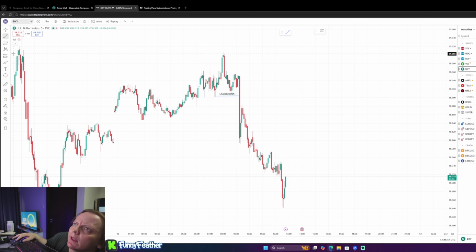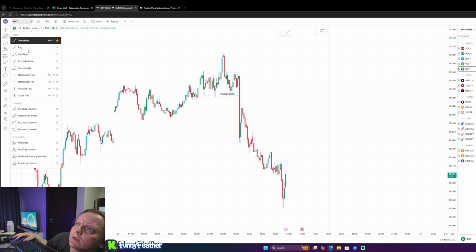So that is the first one that we are using. Okay, the trend line. Then we can go and have a look. What other ones? Do we use the ray? I don't really use the ray a lot. Extended line, not much. Horizontal line, horizontal ray, vertical line. I mean, you could use these, but I don't use these. What I sometimes use is the parallel channel. So I put that there. So how does this work?